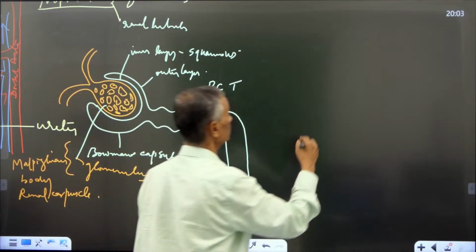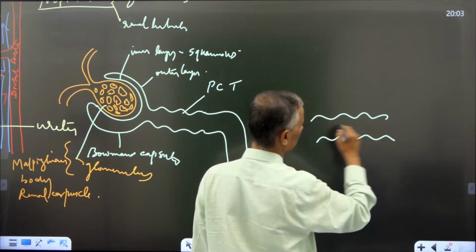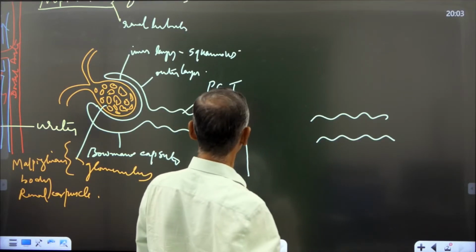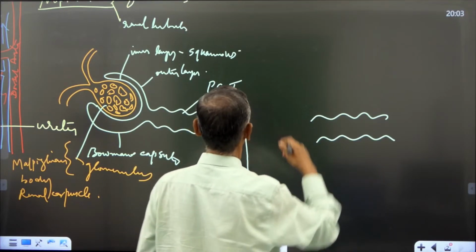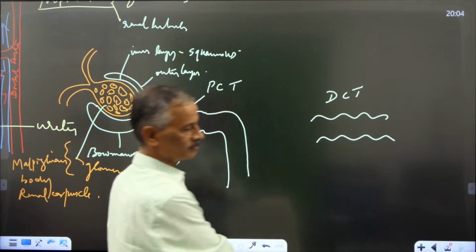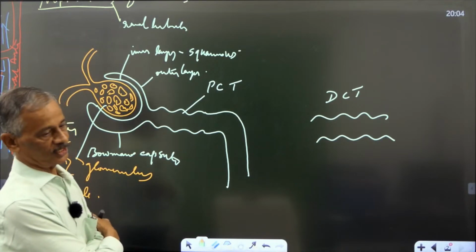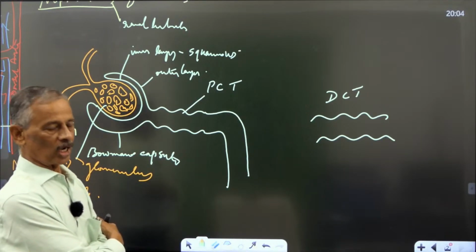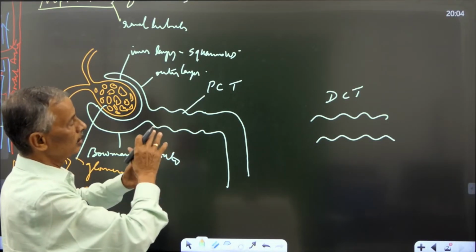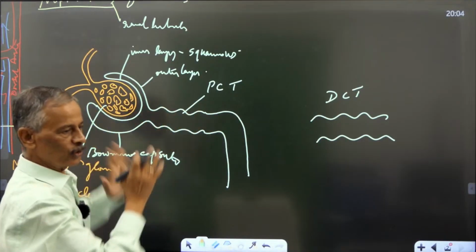You have another highly coiled part, which is the farthest away from the Malpighian body. So what can be the name? It can be given distal convoluted tubule. It is called DCT. These convoluted tubules are coiled tubes. I have drawn it in an extended form so that its structure will be very clear to you.